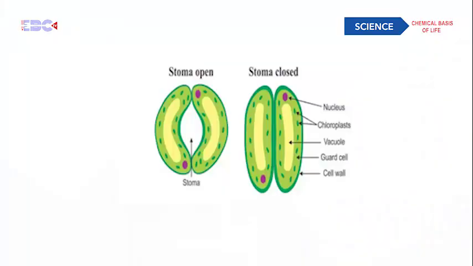This picture shows how the stomata open and close. A stoma is a tiny opening or pore in plant tissue, a place which allows gas exchange. You can see how it opens and how it closes.